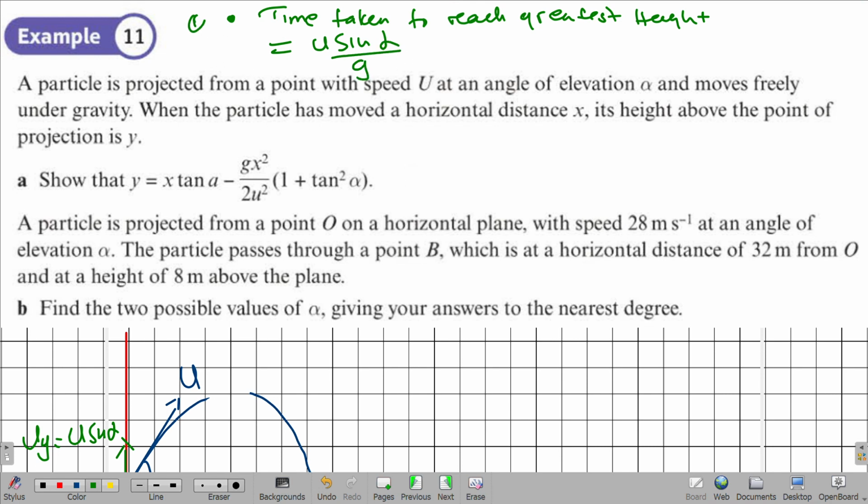Let me just say one here. And the second one is the equation of the trajectory. Actually, there's no need for me to write it down because it's also written in the example.